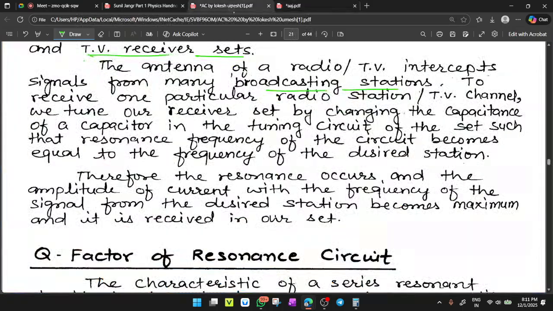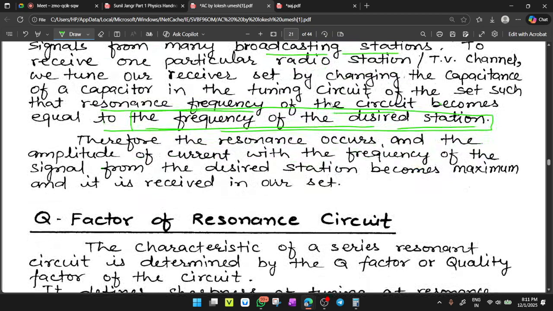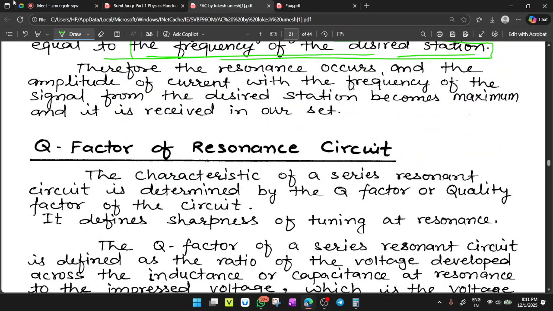Clear? So the circuit will come into resonance when the capacitor in the tuning circuit of the set is adjusted such that the resonance frequency of the circuit becomes equal to the frequency of the desired station. Therefore, resonance occurs, and the amplitude of the current with the frequency of the signal from the desired station becomes maximum, and it is received on our set.